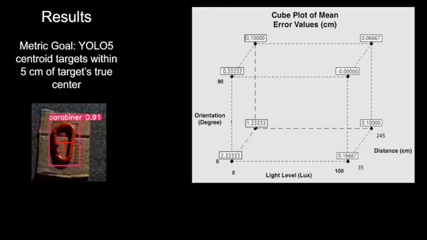This 8-image process was done over 3 trials. Illustrated in the figure to the right, the maximum mean error was the carabiner with 0 degree orientation, close distance, low light level. The value of 2.33 centimeters meets our criteria and makes this experiment a success.